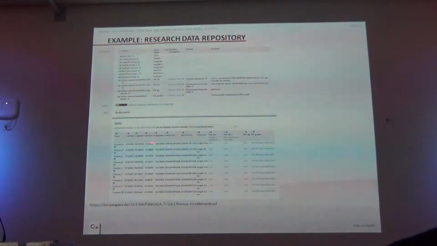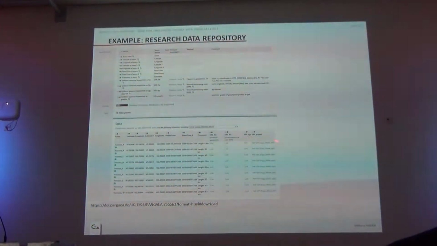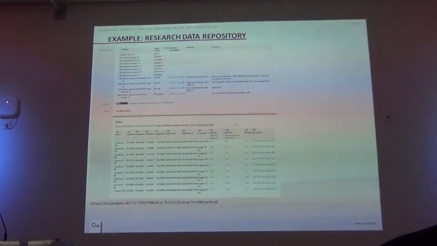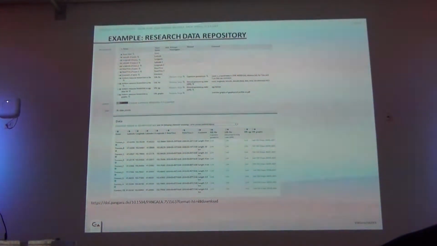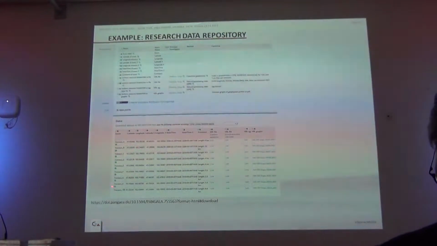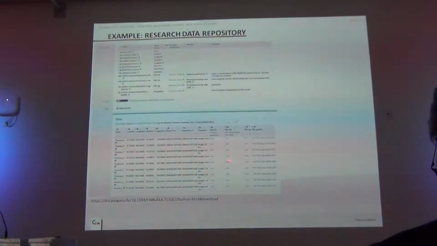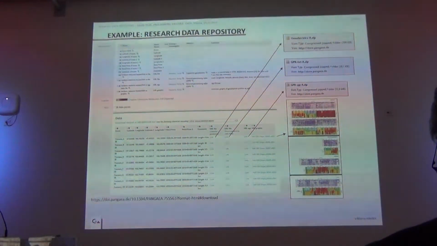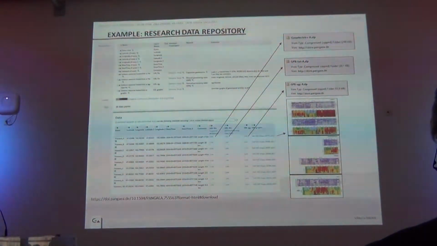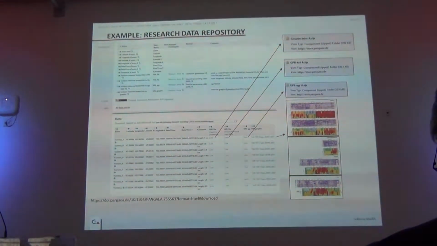And on the bottom, you can download all the datasets that are provided from this data publication. In this research, they collected data from 8 transects and used different methods, and for each transect you get a single zip file.